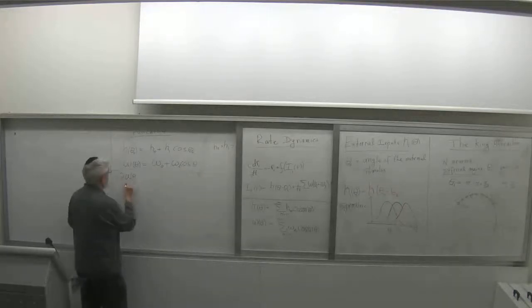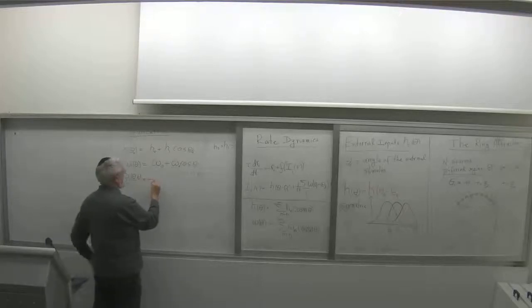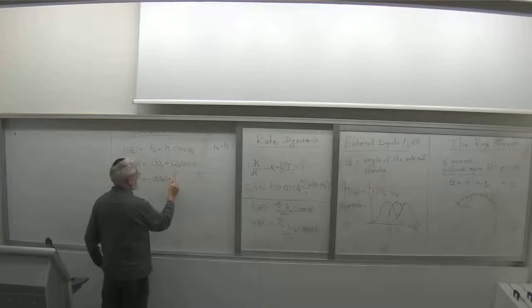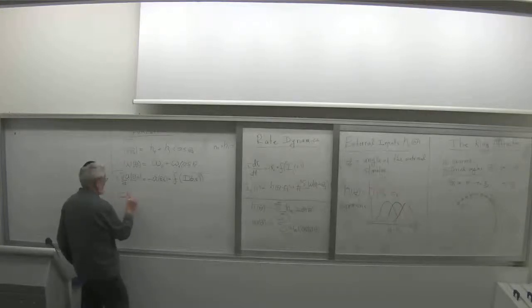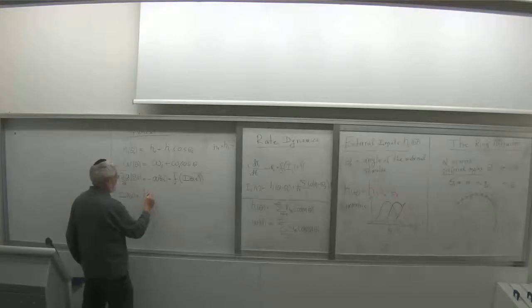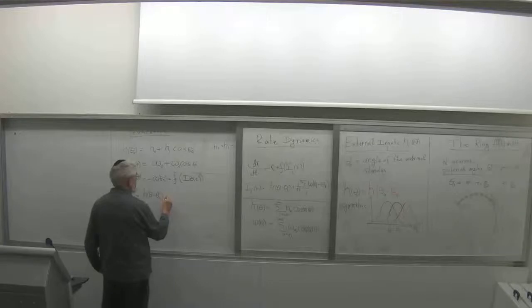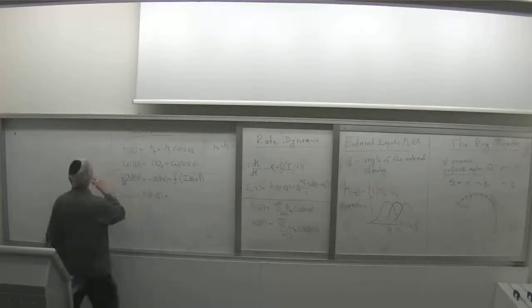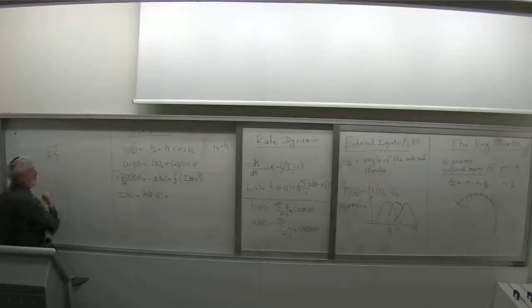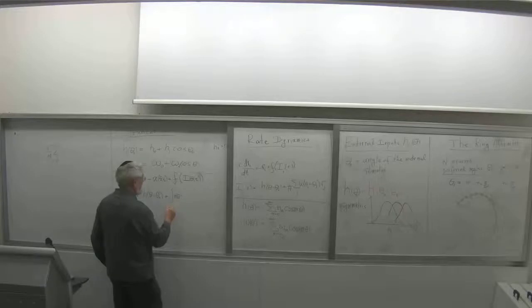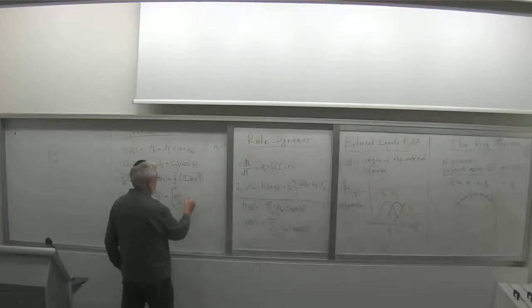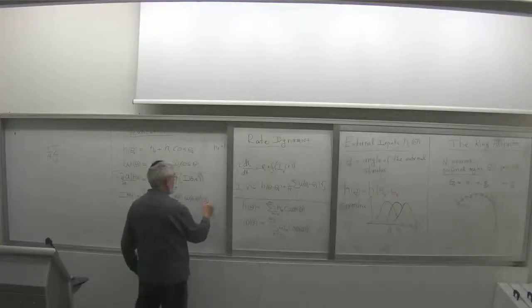So tau dA/dt equals minus A of theta and t plus f of I of theta and t, and I of theta and t is h of theta minus theta 0 plus, now instead of summing, so we had 1 over N times the sum over j, this turns into an integral: the integral d theta prime from minus pi to pi, normalized by 2 pi, of W of theta minus theta prime times A of theta prime and t.